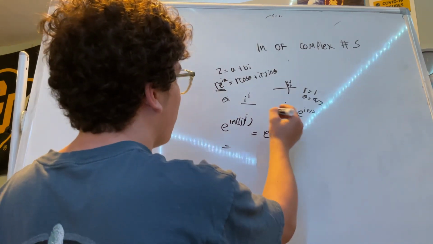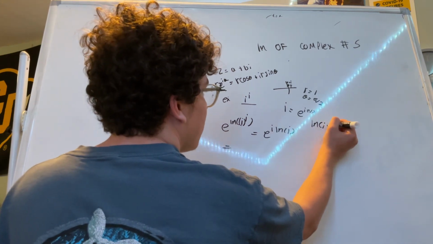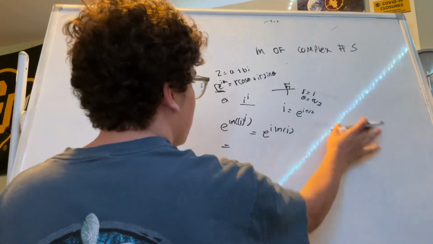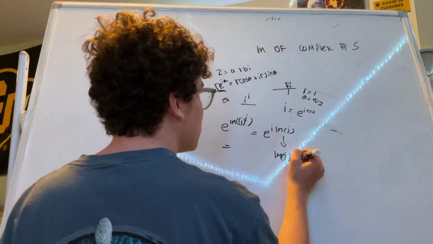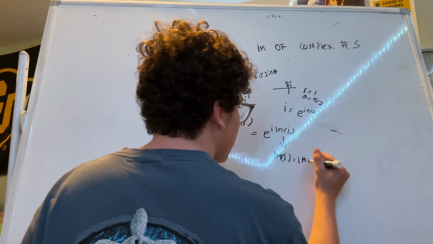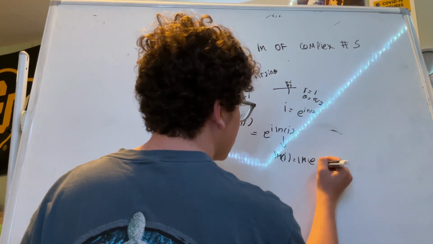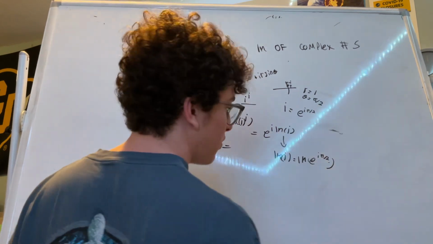I'll actually write it down here. We know that the natural log of i is just equal to natural log of e to the i theta, e to the i pi over 2, right?